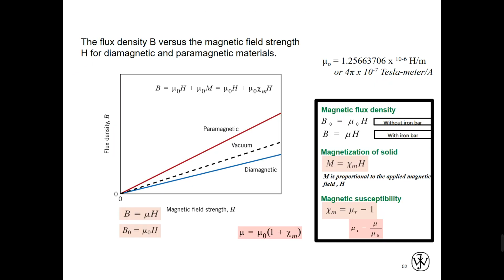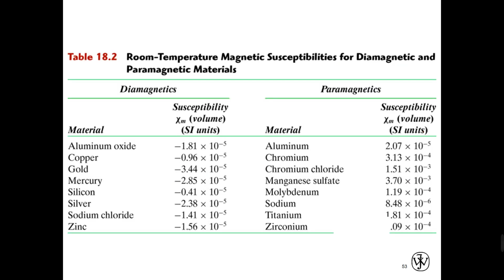The flux density B versus the magnetic field strength H for diamagnetic and paramagnetic materials: we have the vacuum condition, paramagnetic above the vacuum condition, and diamagnetic below it. We saw the magnetic flux density just now. Now looking at the room temperature magnetic susceptibilities for diamagnetic and paramagnetic materials, as shown in this table.